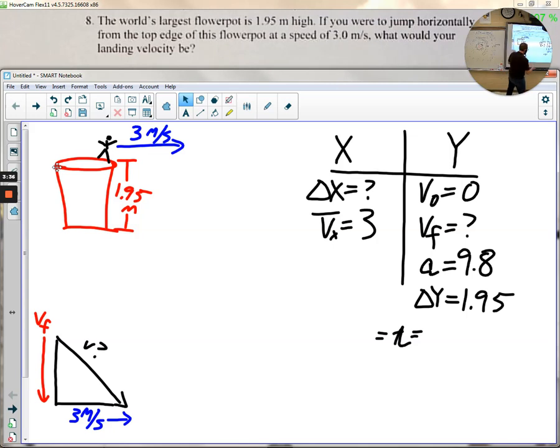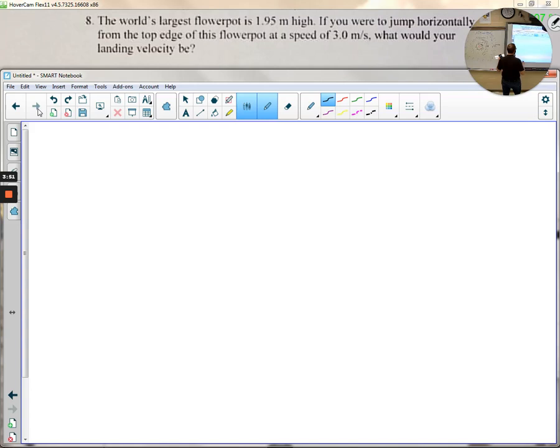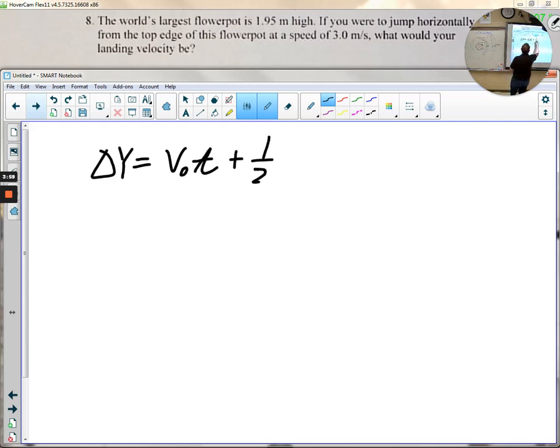Okay, so doing our rewrite, I'm going to go ahead and show it here in case anybody's watching this video and they're like, how the heck did you get there? Big 5 number 3 is delta Y equals VO T plus 1/2 AT squared.